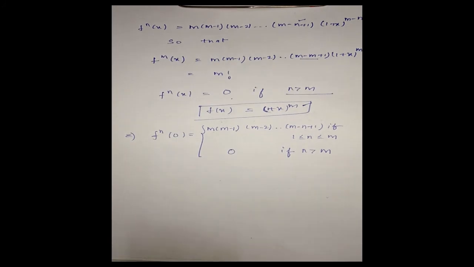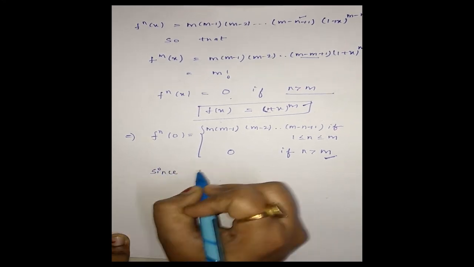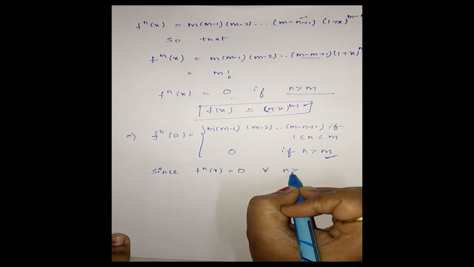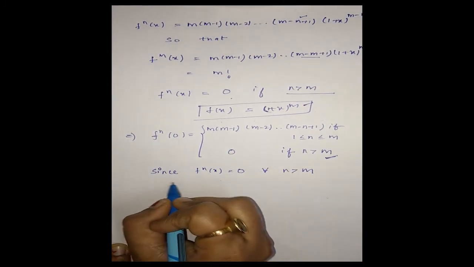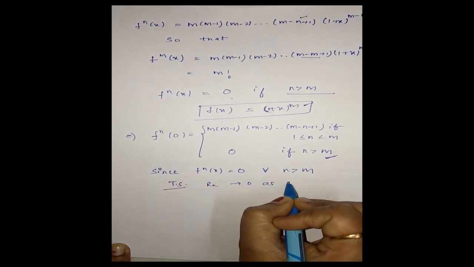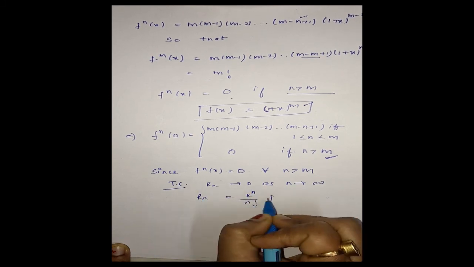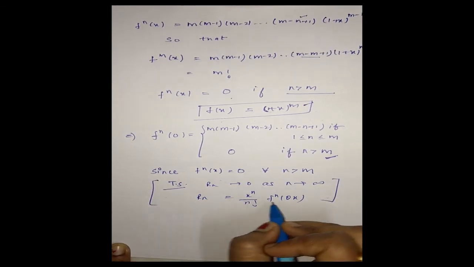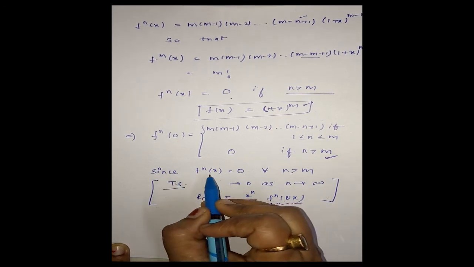Now, since f^(n)(x) is equal to 0 for all n greater than m, we want to show that R_n tends to 0 as n tends to infinity, where R_n is x^n by n factorial f^(n)(θx).